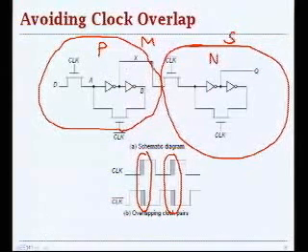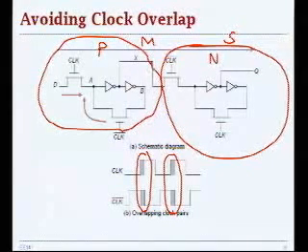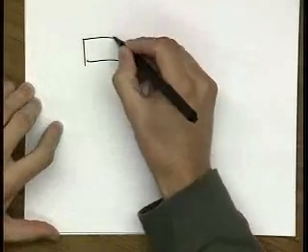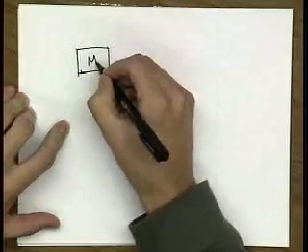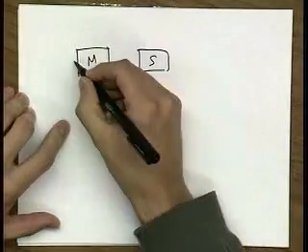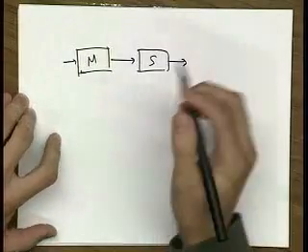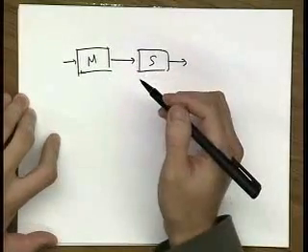Now one way we can get around this is, if we have a master latch and then a slave latch, you can work with non-overlapping clocks.